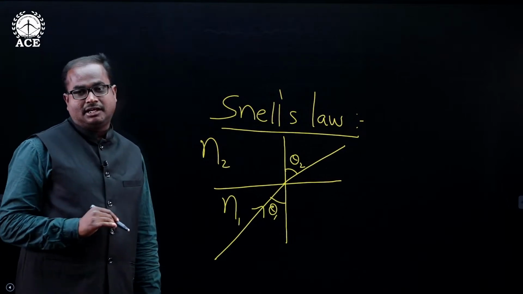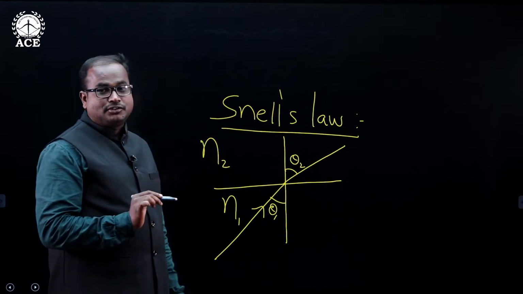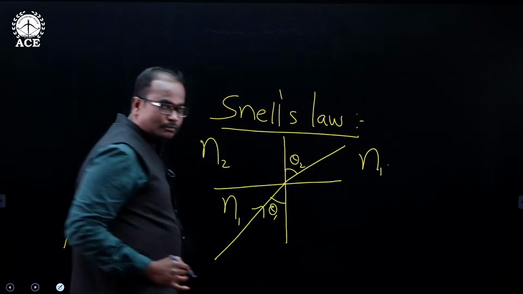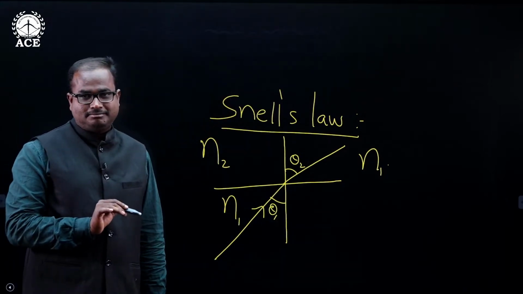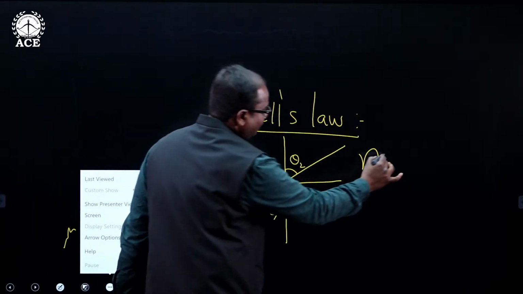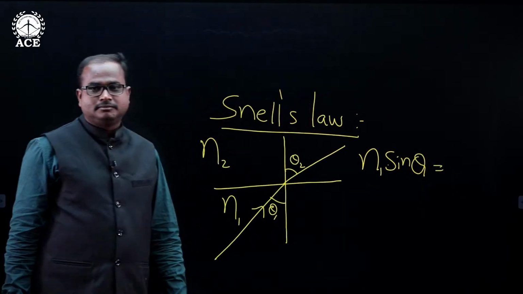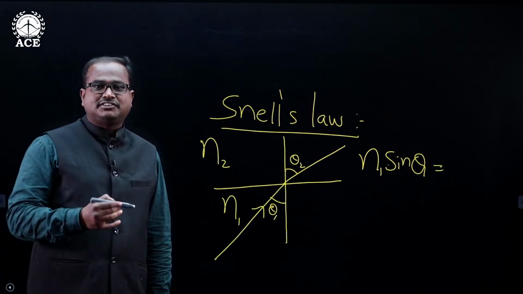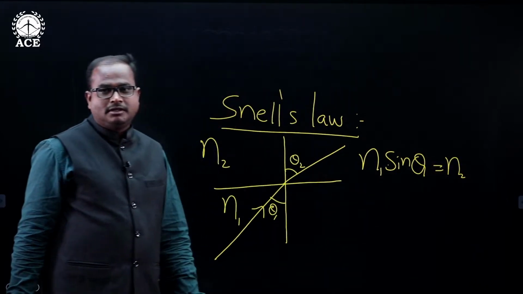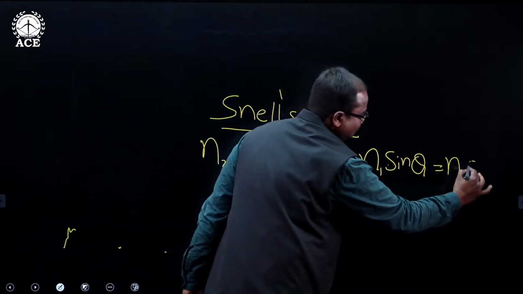Now, what is Snell's law? Snell's law means the refractive index of the first medium, N1, into sine of the angle made in the first medium, theta 1, is equal to the refractive index of the second medium, N2, into sine of the angle made in the second medium, theta 2. N1 sine theta 1 = N2 sine theta 2.